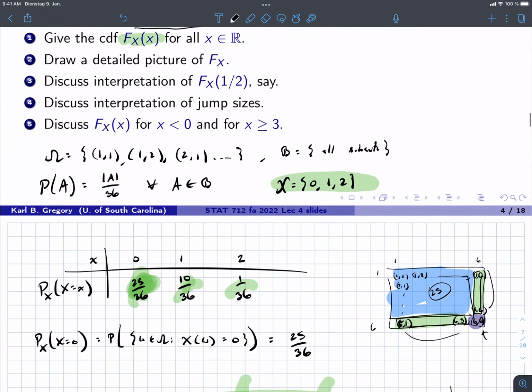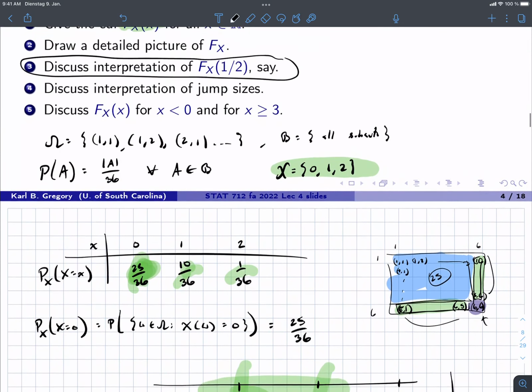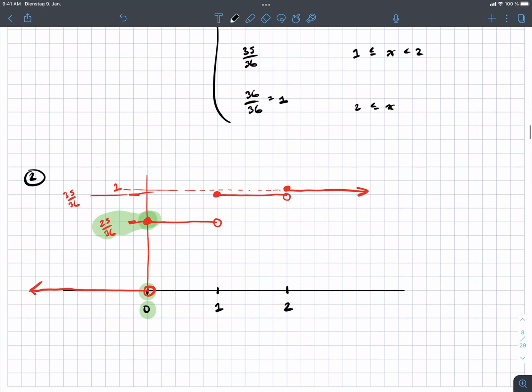Okay, so let's discuss the interpretation of evaluating at 1/2. So here's 1/2, and so I find that if I evaluate this at 1/2, it means the probability that x is less than or equal to 1/2.